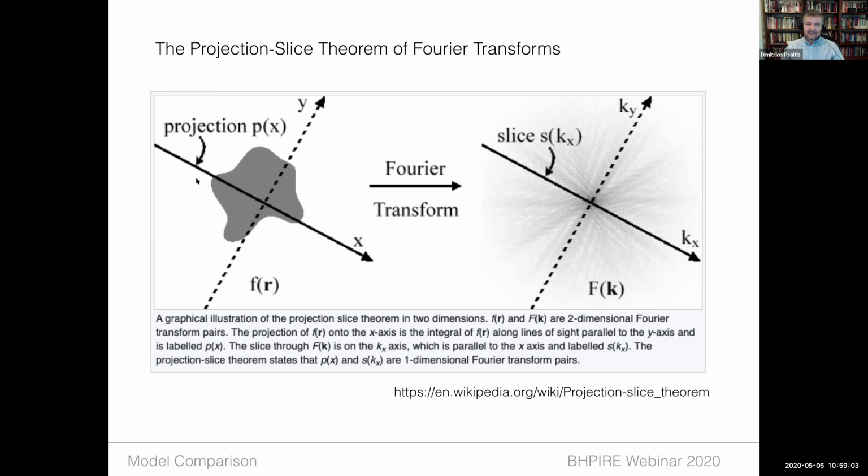And now you take a one-dimensional Fourier transform along that axis. That turns out to be identical to a slice of the 2-dimensional Fourier space, with an orientation that is parallel to that axis, right?